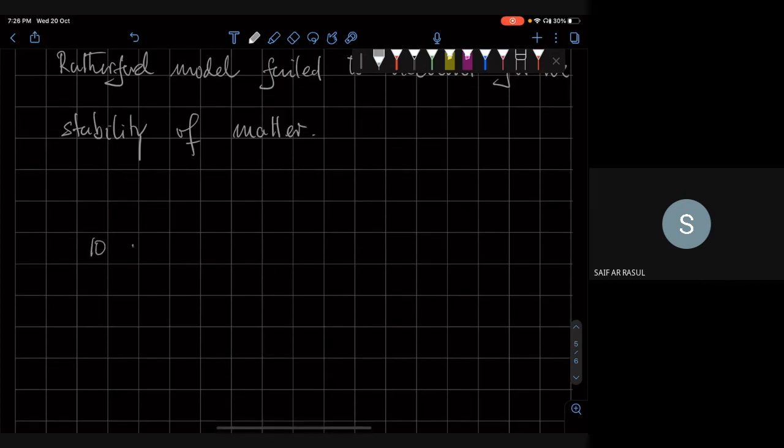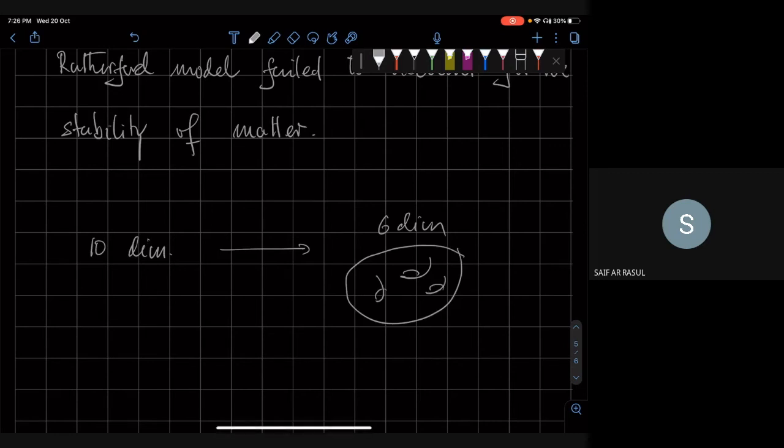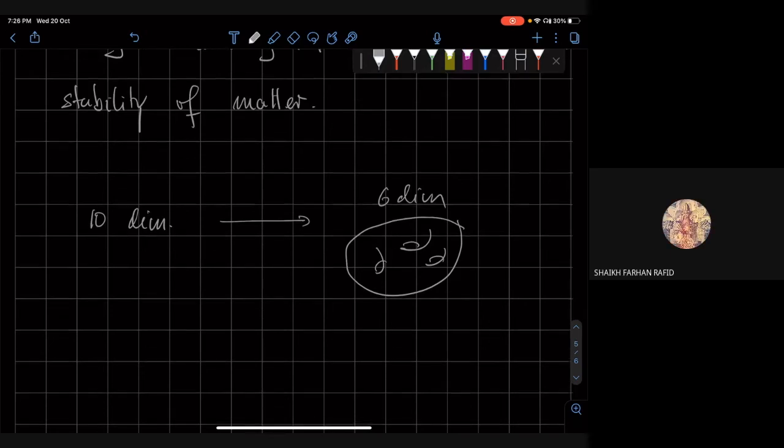So they're 10-dimensional. And string theory says that 6 of those dimensions are curled up in small, very complicated looking manifolds. They are Calabi-Yau manifolds, but they cannot be exactly Calabi-Yau manifolds.